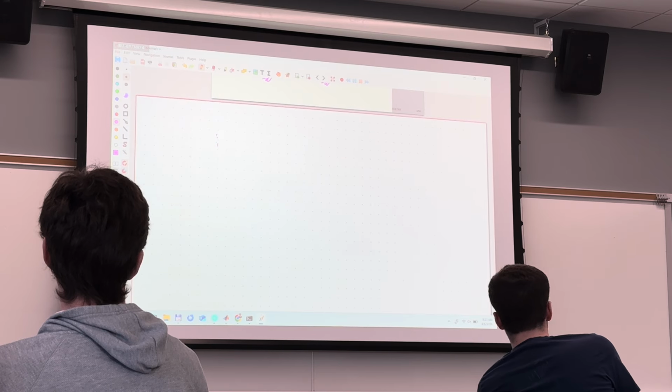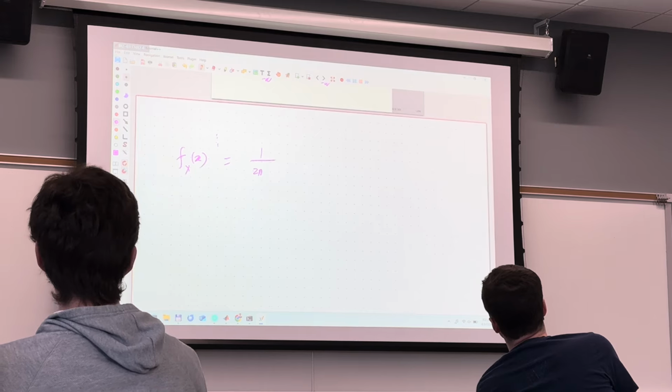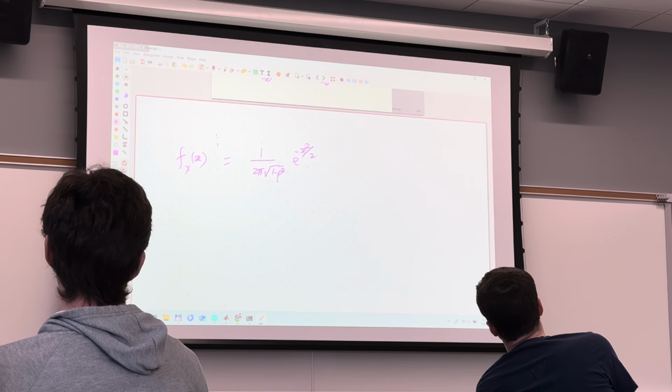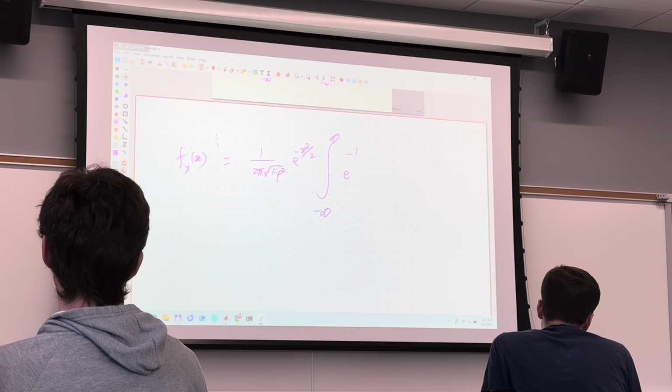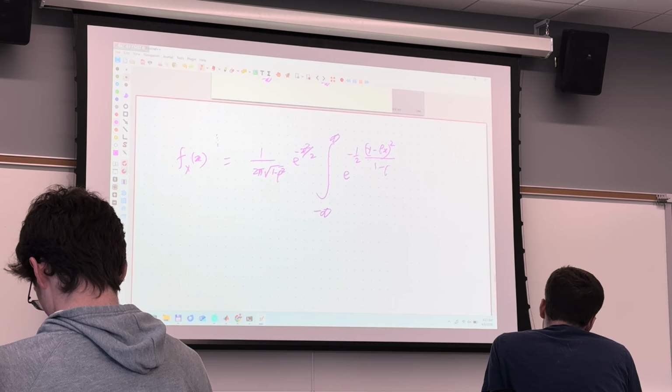I'm going to write down f sub x, one more line. 1 over 2 pi square root of 1 minus rho squared, and then e to the negative x squared over 2, and we will have the integration from negative infinity to positive infinity of e to the negative half y minus rho x squared over 1 minus rho squared dy.